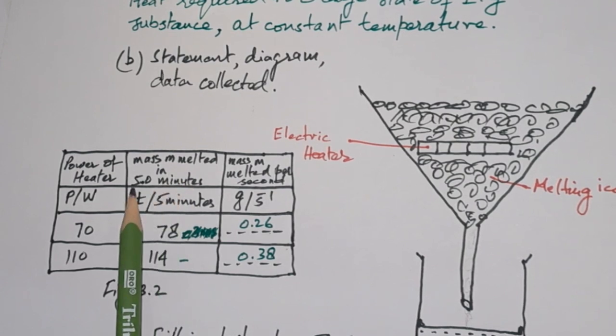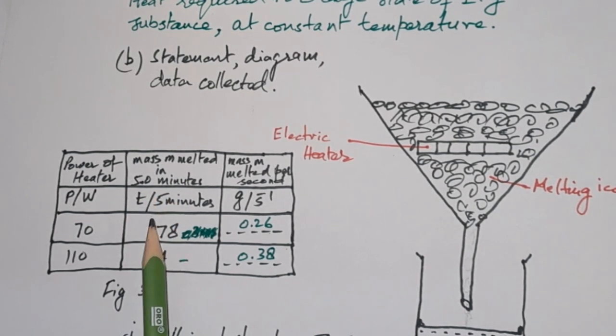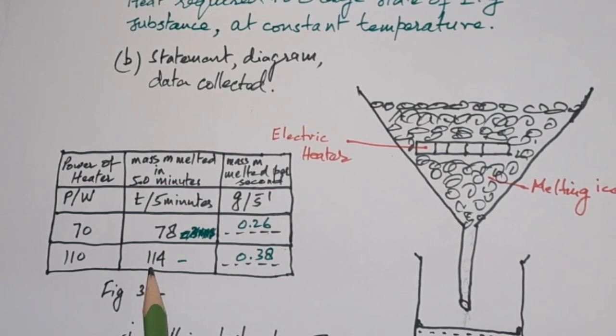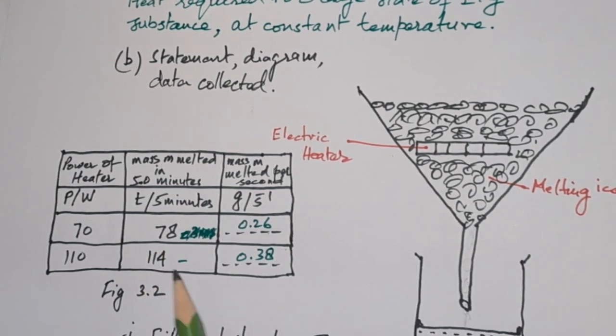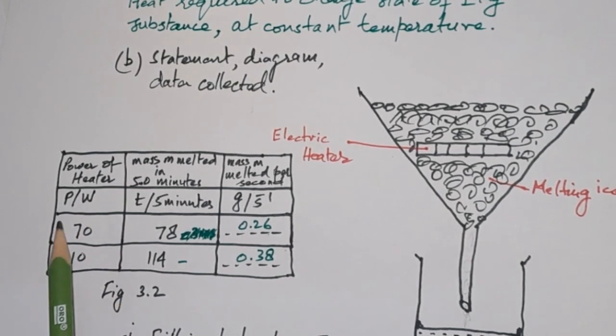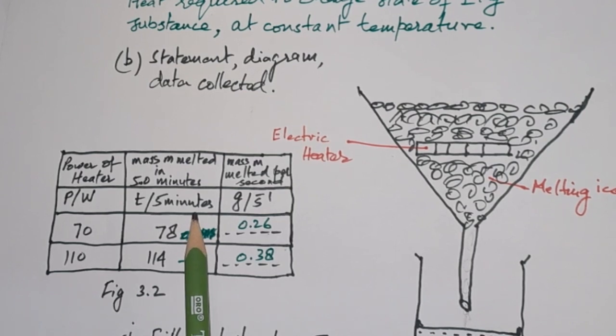Mass m melted in 5 minutes, this is the column of the table, is noted. Together with the power P of the heater, power in watts, time in minutes over here, please keep it in mind.